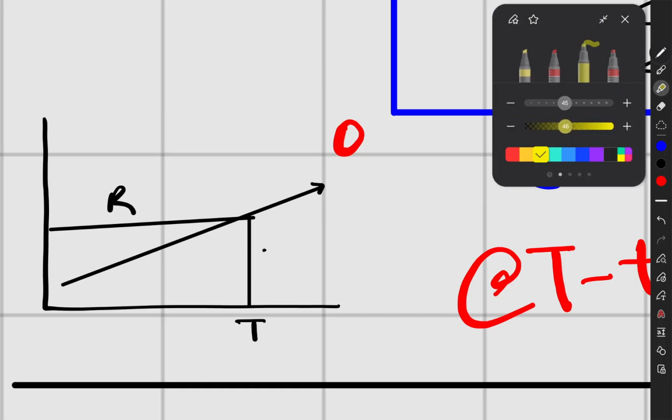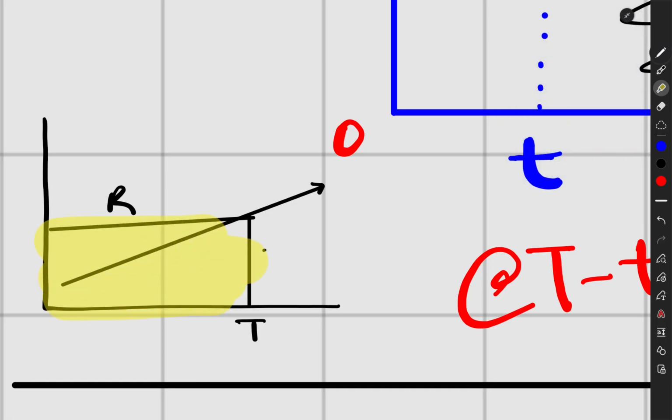R times T would be this yellow box. Then in the same curve you have some shorter maturity with interest rate r and time period t.